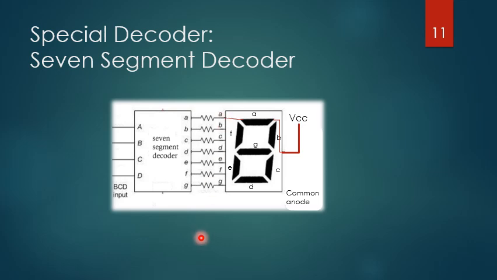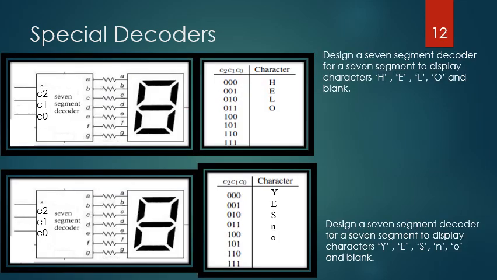Okay, so it will be the reverse of the common cathode 7-segment display. So please take an important note: you need to find out what kind of 7-segment display you will be working with before you design your own 7-segment decoder to connect to this display.